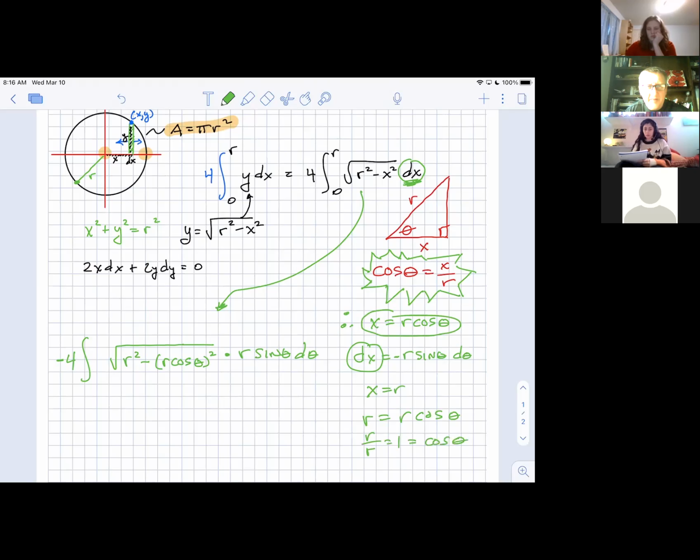Who can tell us, where am I in the unit circle if the cosine of theta is equal to 1? Cosine is an x coordinate, so if it's equal to 1, isn't it the vertical?